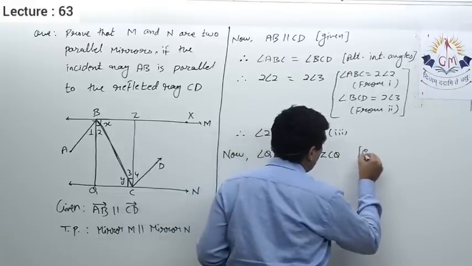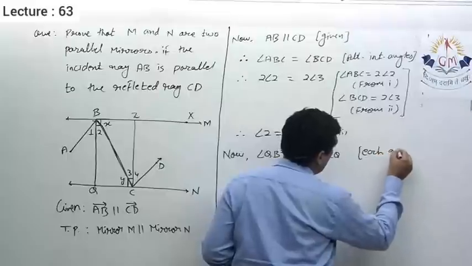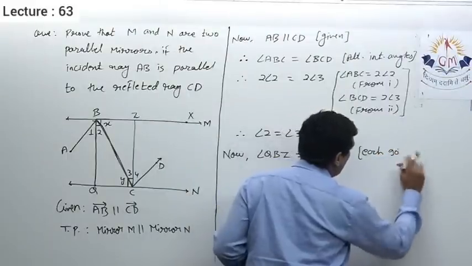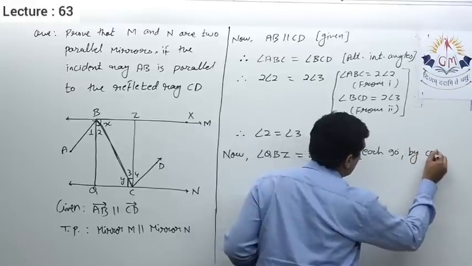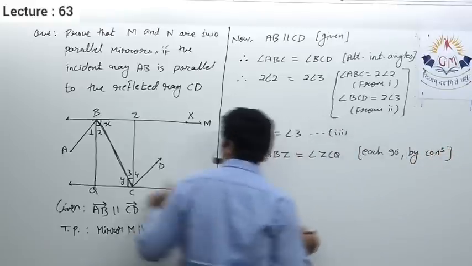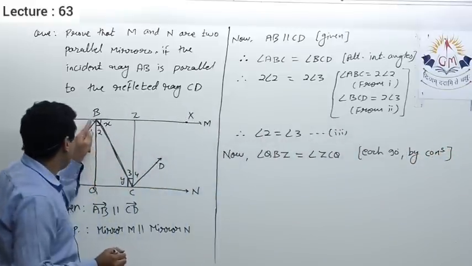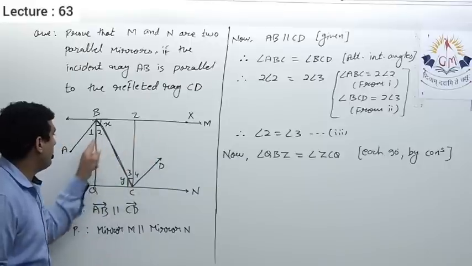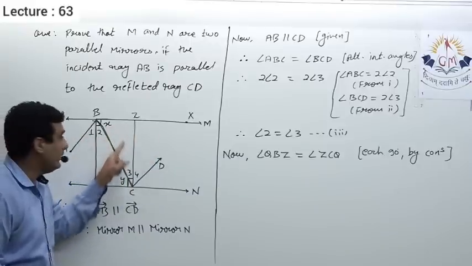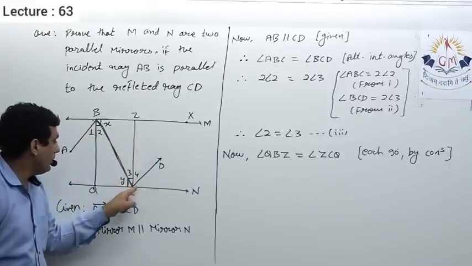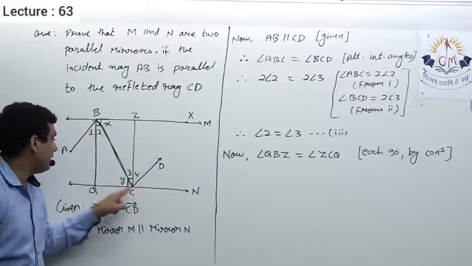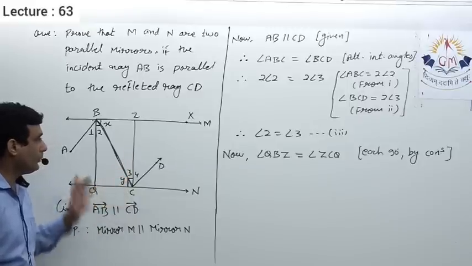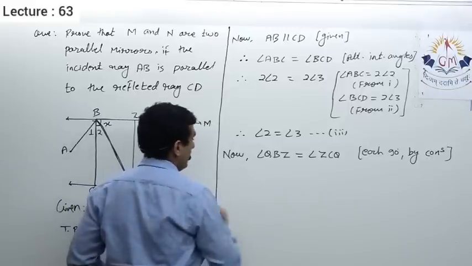Reason, we can say each 90 degree. Why each 90 degree? By construction. We draw QB perpendicular to mirror M, so I can say angle QBZ is 90. Similarly, I draw ZC perpendicular to this, so I can say angle ZCQ is equal to 90 degree.